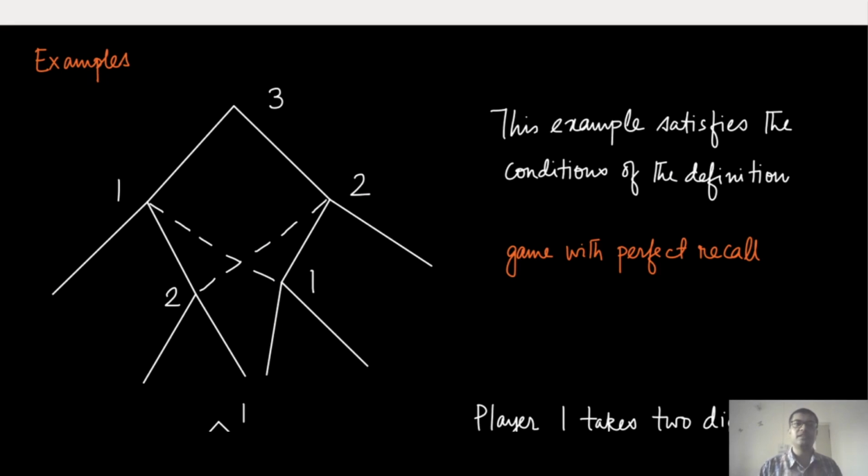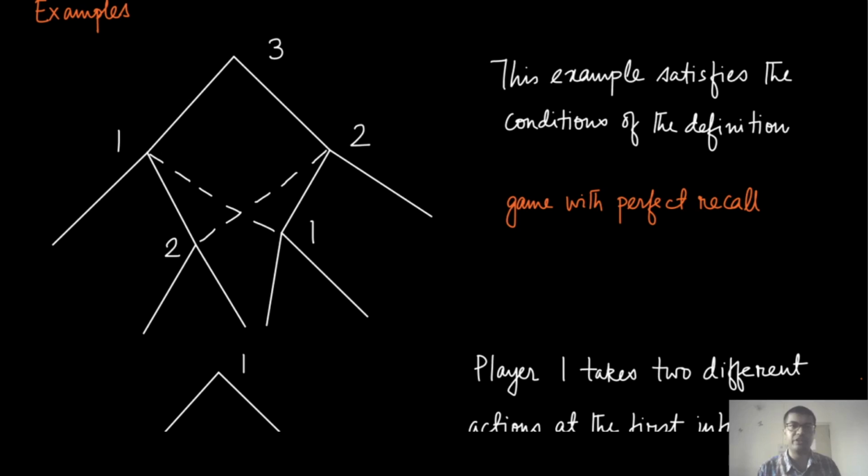Let us look at a couple of examples to appreciate and understand the point of perfect recall. Let us look at these two graphs. This is the game tree, and there are 3 players in this first example. Player 3 moves first, and then depending on which action it picks, it is time for player 1 or player 2 to play. Players 1 and 2 have one information set each.